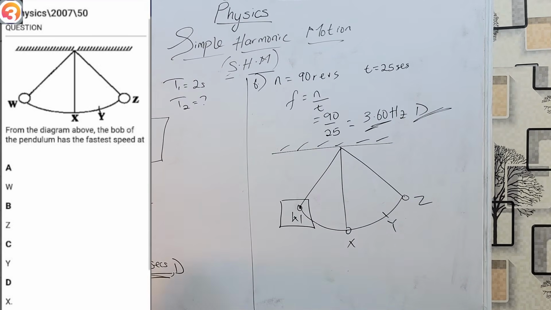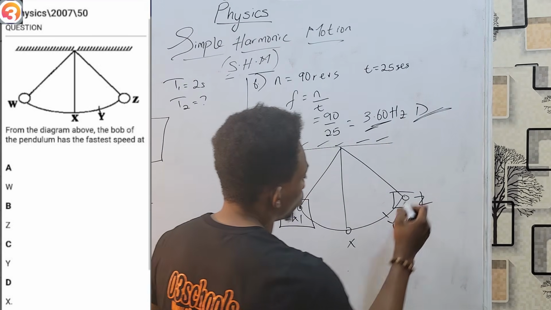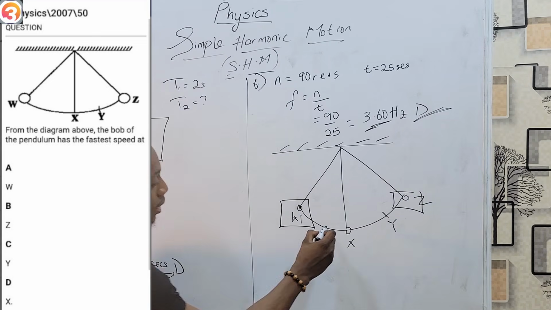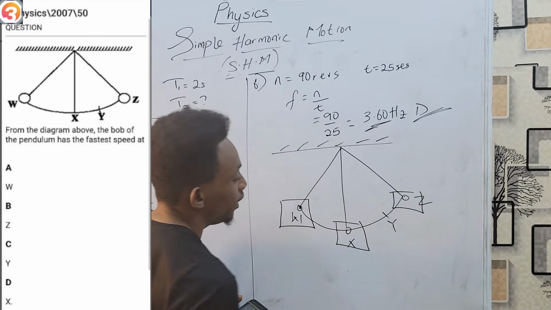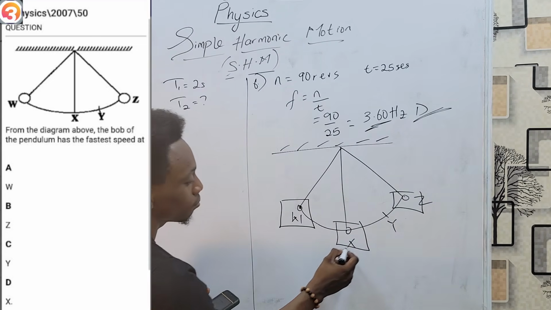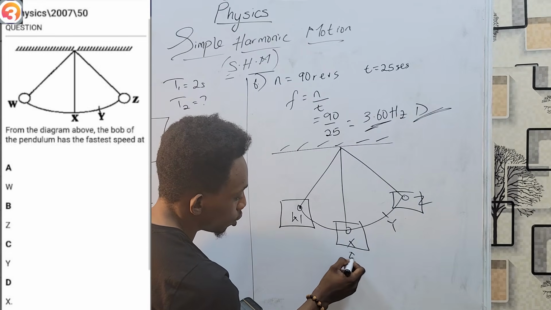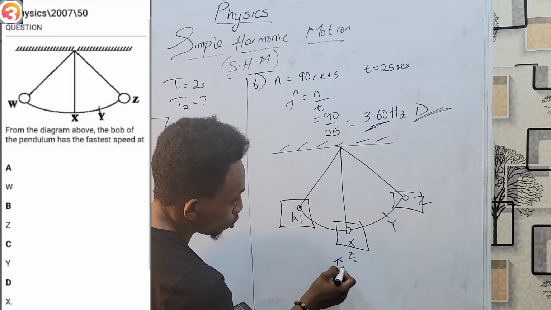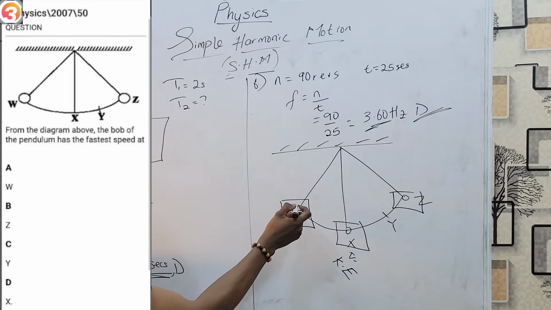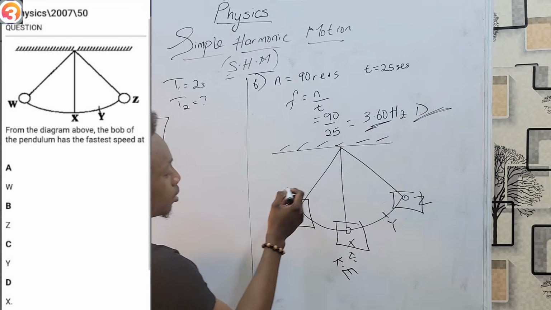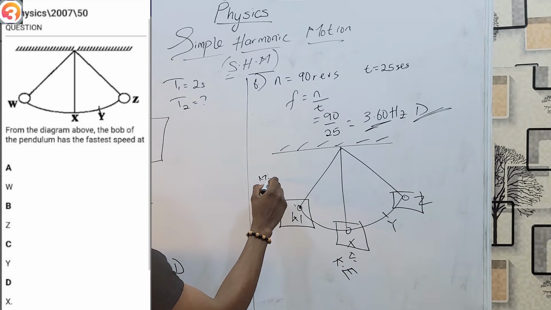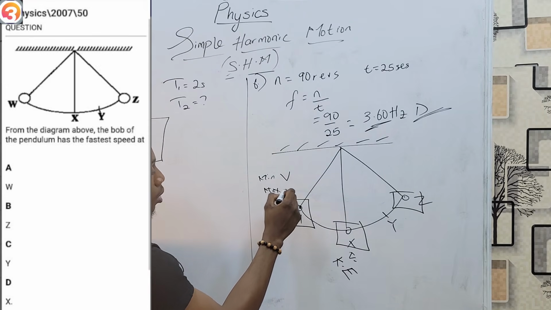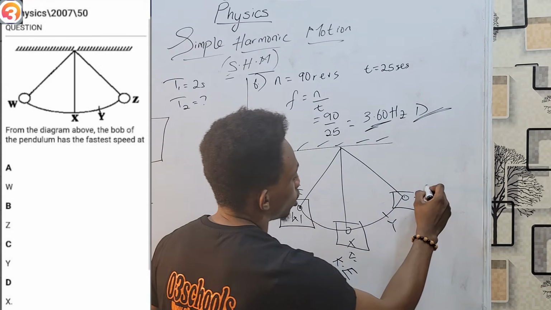So the speed is minimum. The speed here is also minimum. Then right here, the equilibrium position is where you have maximum speed. At the equilibrium position, you have maximum velocity, and as a result, maximum kinetic energy. While at these two points, W and Z, you have minimum velocity and as such, maximum potential energy.